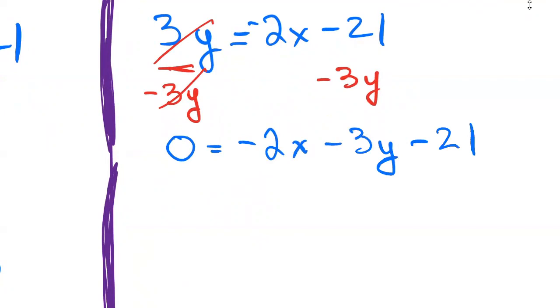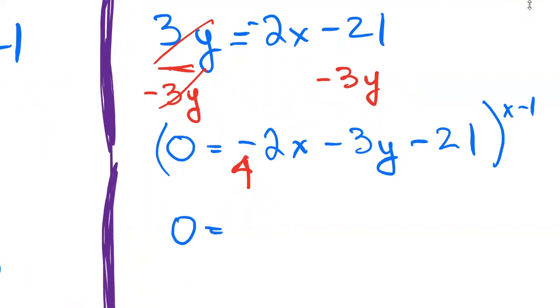Now remember, this term cannot be negative. So in order to get rid of that negative, I multiply everything by a negative 1. Or you could divide by a negative 1. It really doesn't matter. Okay? So 0 times negative 1 is going to give me 0.